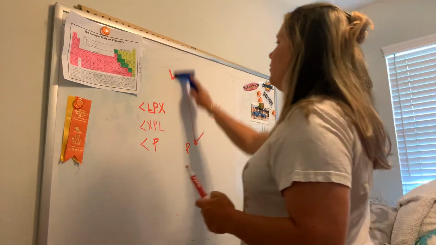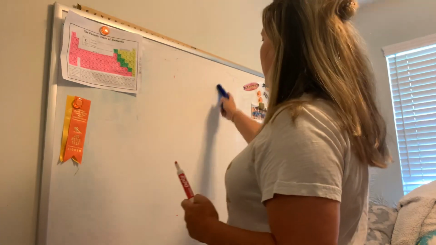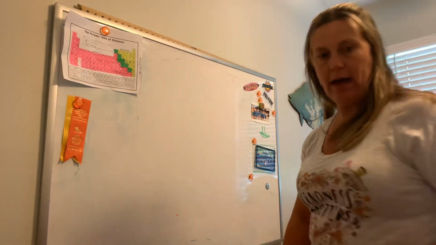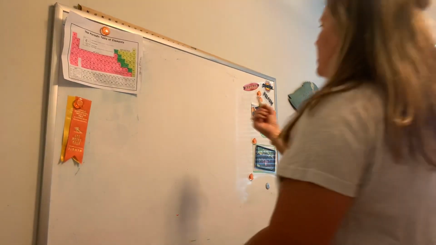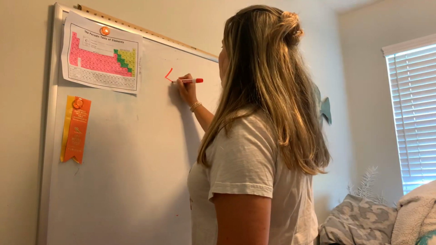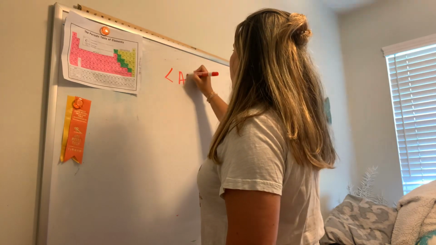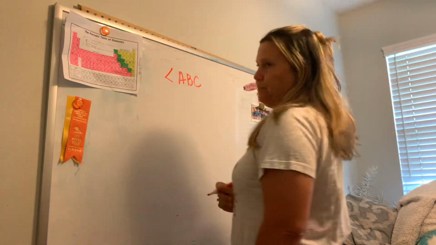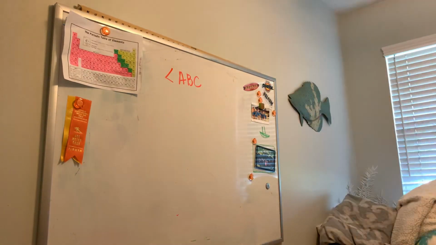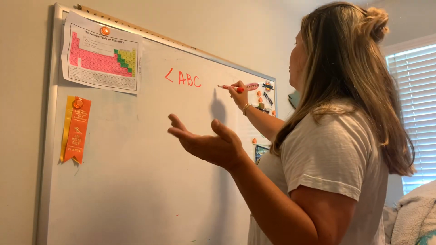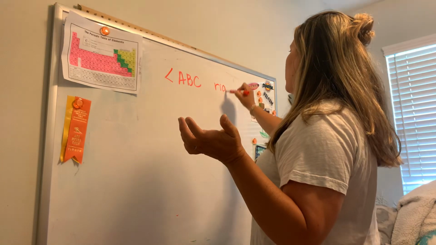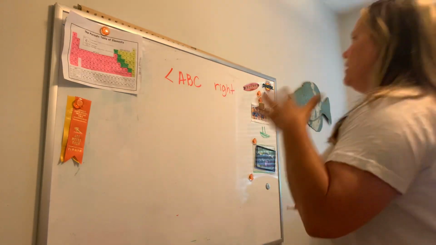Lastly, I want to go over, let's say I give you the name of an angle and you have to write an angle. So let's say I gave you angle ABC. And you have to actually write an angle. So let's say I want you to do a right angle, and it's ABC.